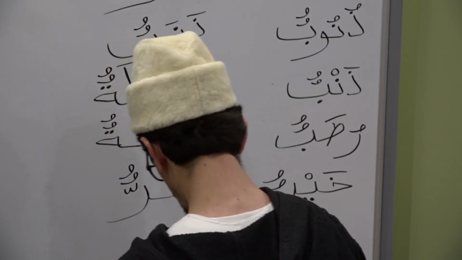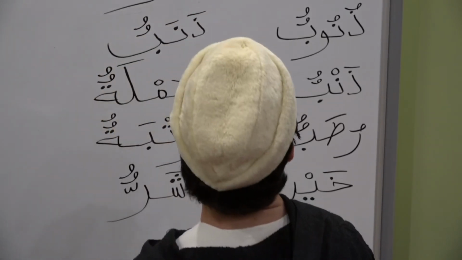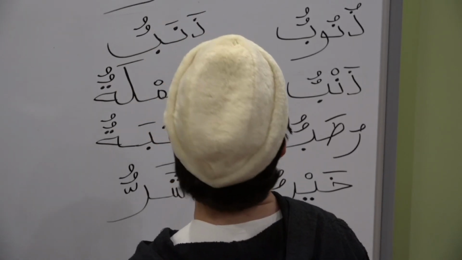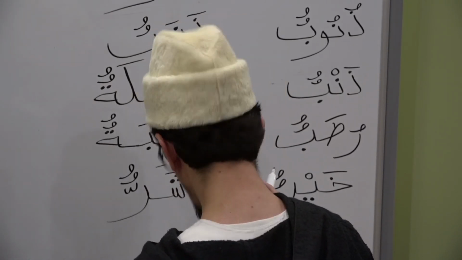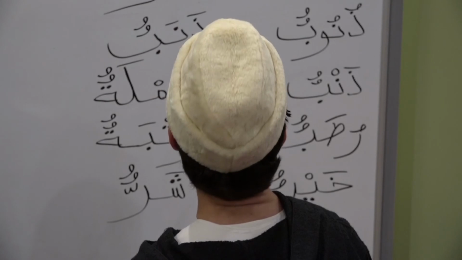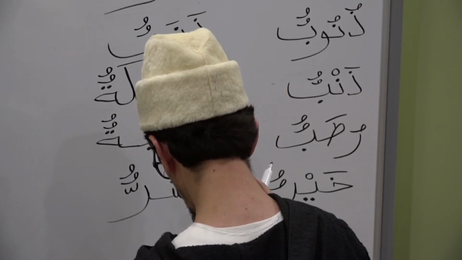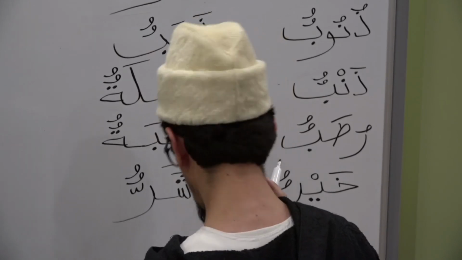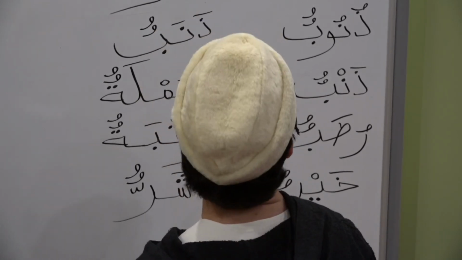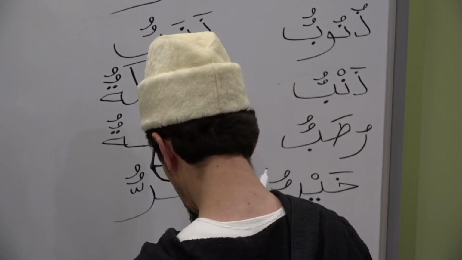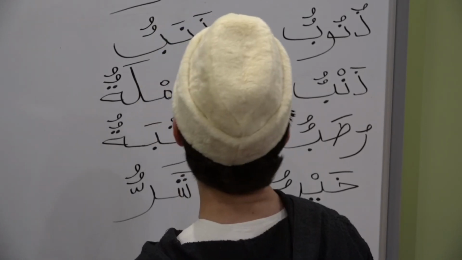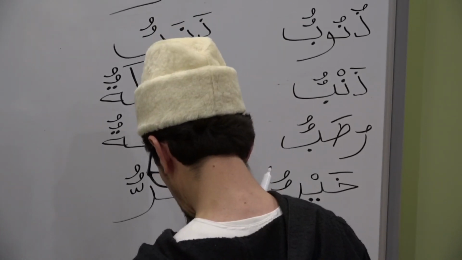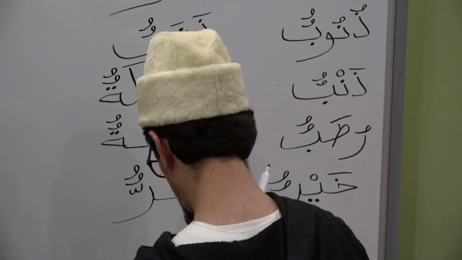Yeah, that's good. We have something with Naam, something with Ha, something with Kha. Great. We have something with Ta, something with Tha, something with Ra, and Khalas.